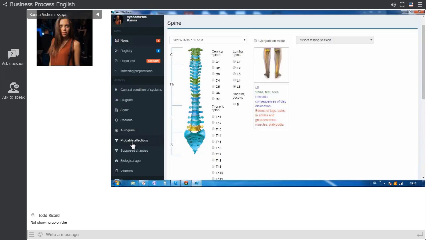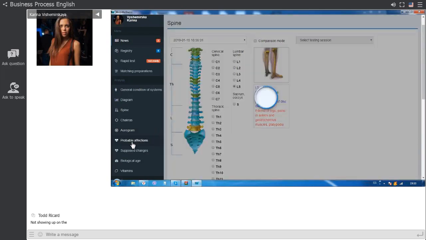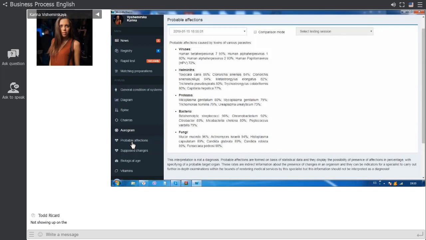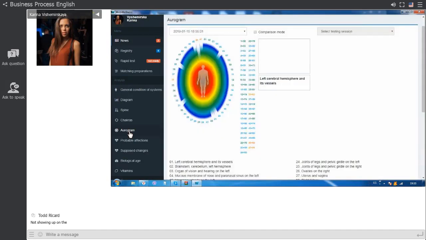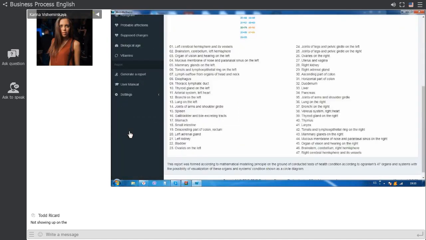So these are some pictures which I want to show you just so you have a general idea about the application.